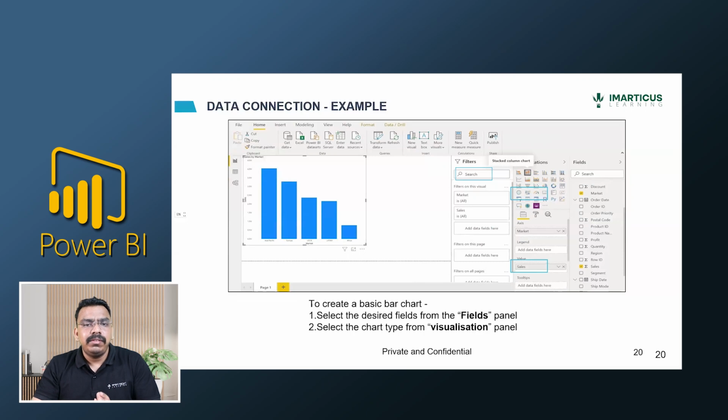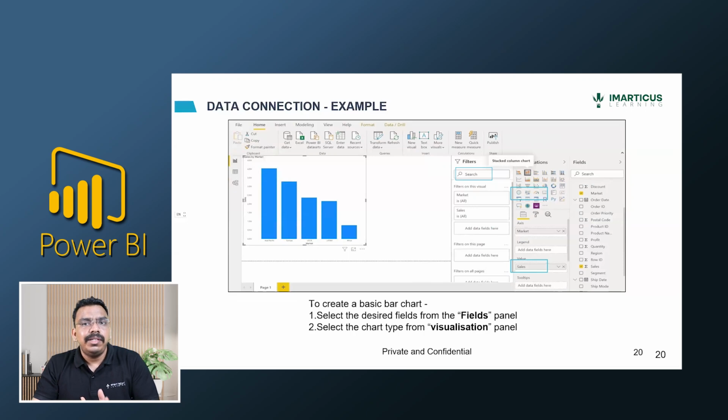Once you connect the data with Excel, you can have different panes. For example, you have a filter pane, visual pane and field pane. In the filter pane, if you want to filter out the records based on conditions, you can use the filter pane.